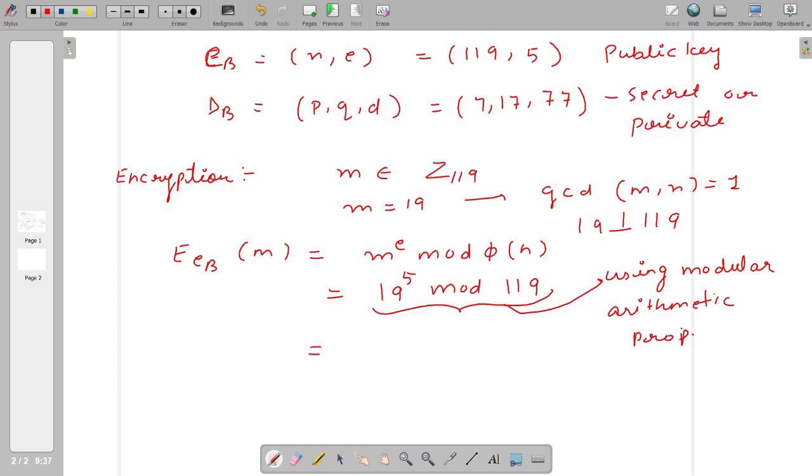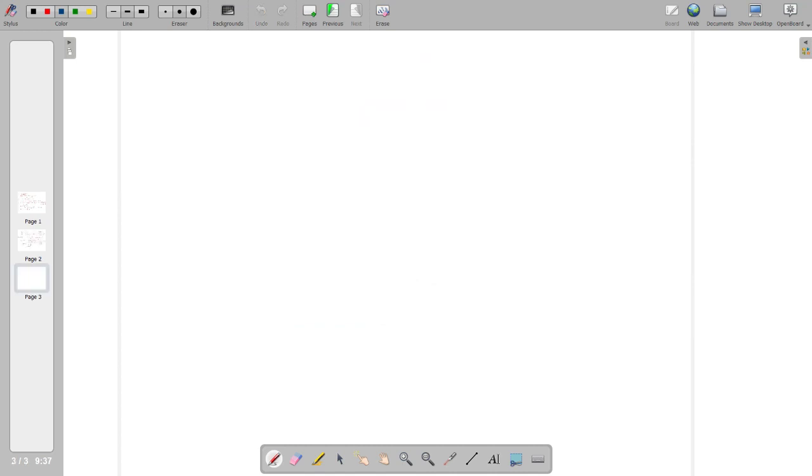So it comes out to be C is equal to, this is ciphertext, it comes out to be 66. So now our ciphertext comes out to be 66. Now similarly the decryption says M is equal to C to the power d mod n.